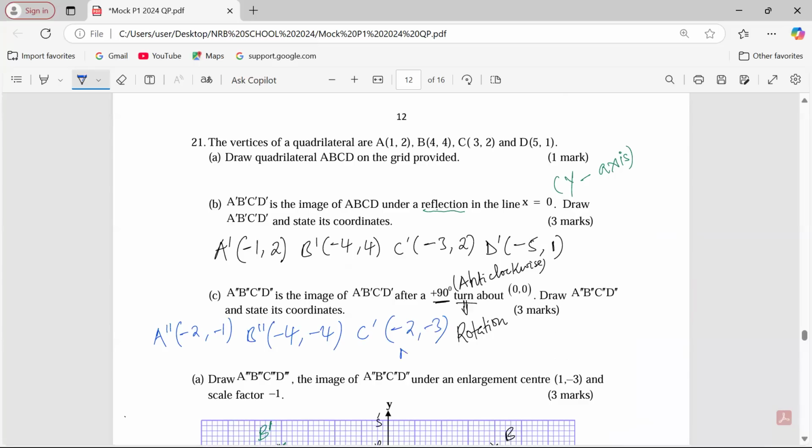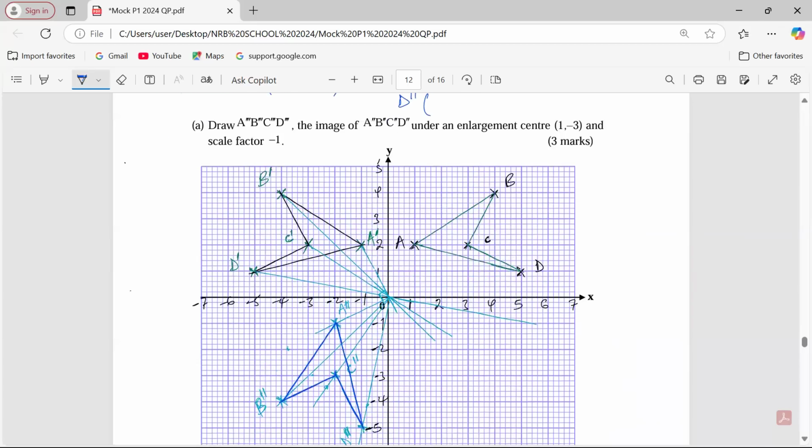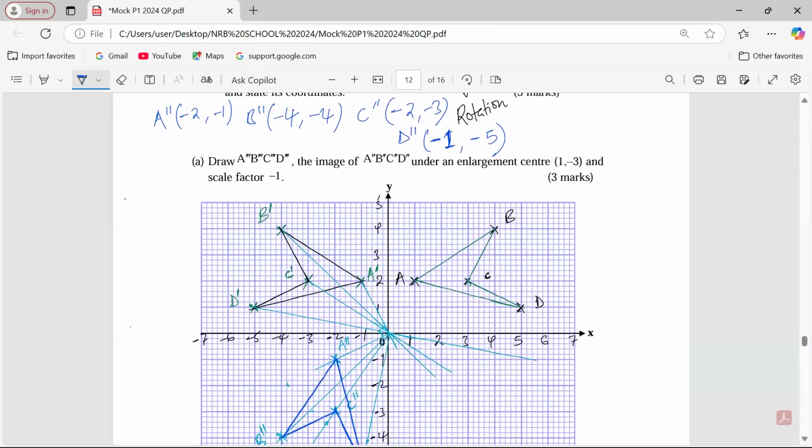And finally, for D double prime, D double prime is -1, -5. So I'm having the coordinates.